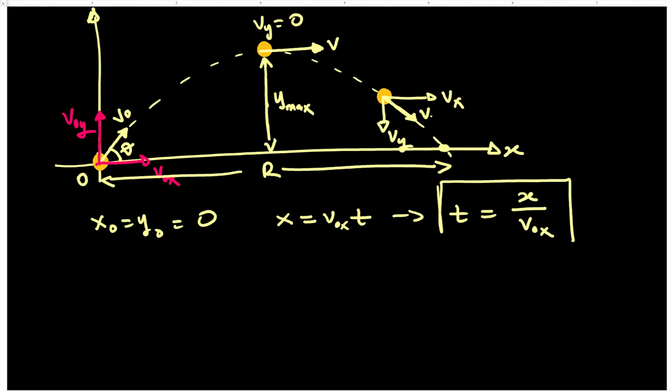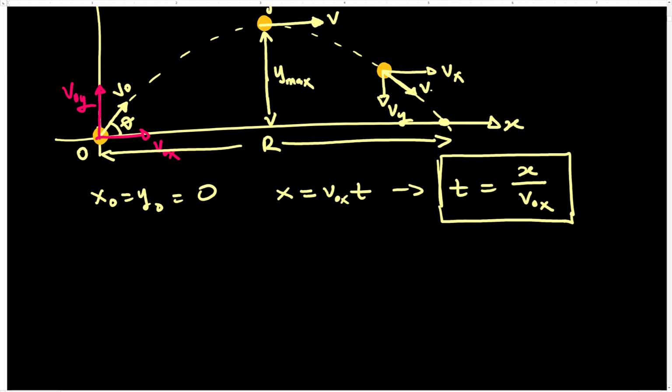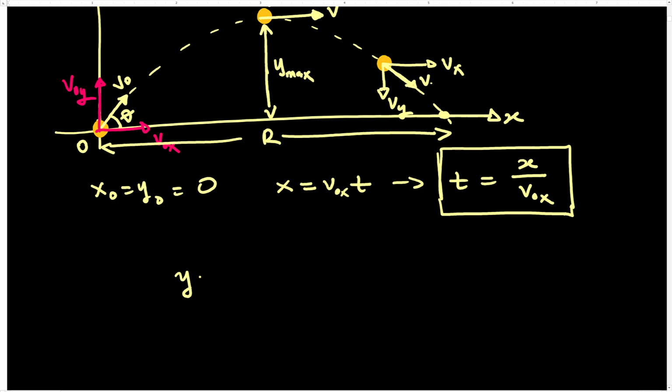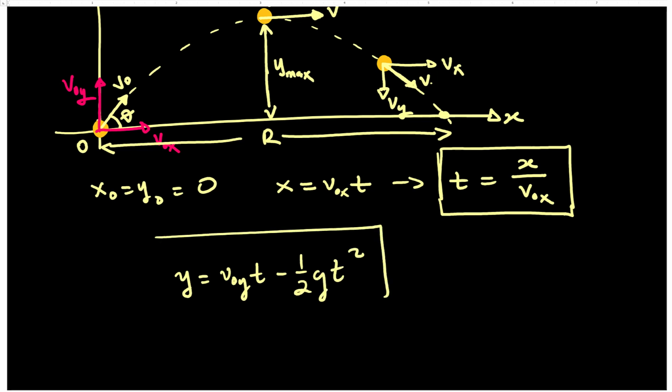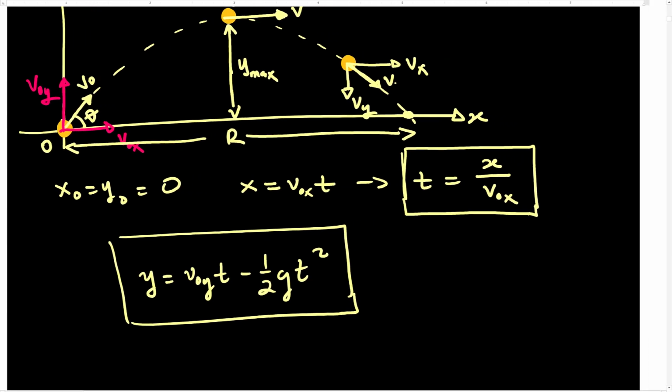Here we have expressed the time in terms of x. Similarly, y is equal to Voy t minus 1/2 g t squared. This is the equation that we did write down a little while ago.